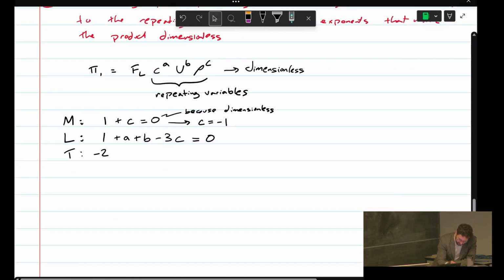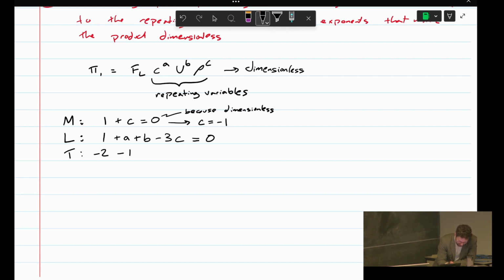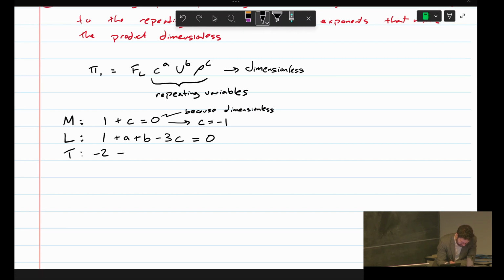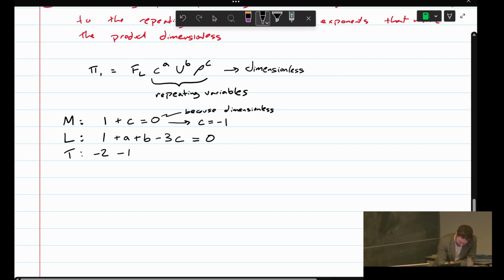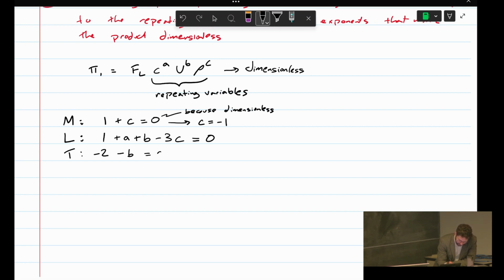So -2 plus, okay, I'll just go. So minus b, because b is meters per second. Again, equals 0. All of these equations are equal to 0.